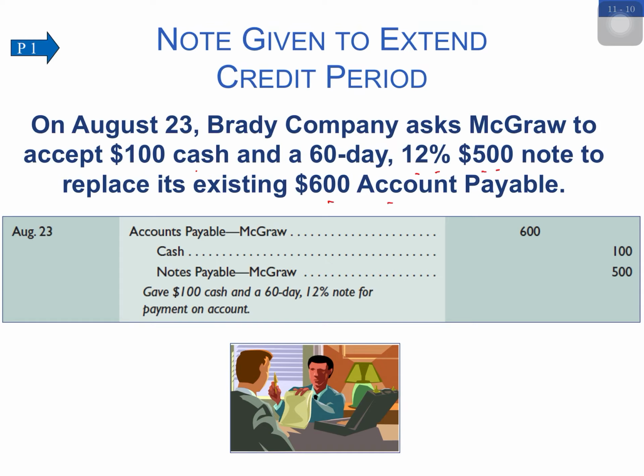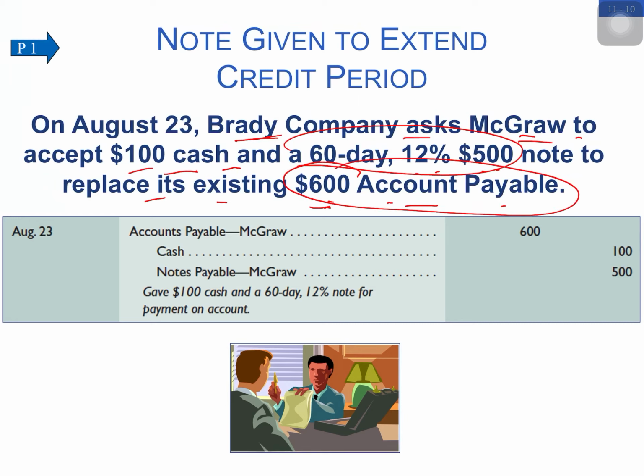As you can see here, Brady Company asked McGraw to accept $100 cash and this note to replace its existing $600 accounts payable. So Brady Company actually has debt to McGraw of $600 accounts payable.